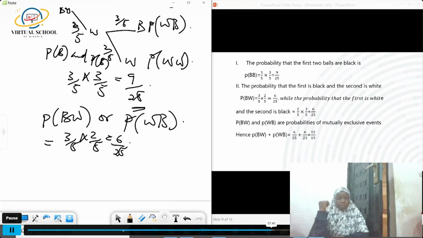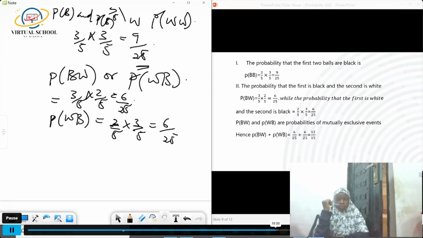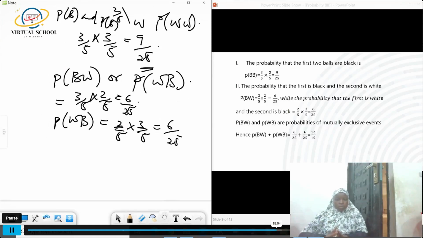Now, the next one, white-black. White-black, that is 2/5 times still 3/5. Probability of picking white and black will give me what? 2/5 times what? 3/5, which is equal to 6/25. Now we are having probability of picking black-white or white-black. Since we have all, they are mutually what? Exclusive events.